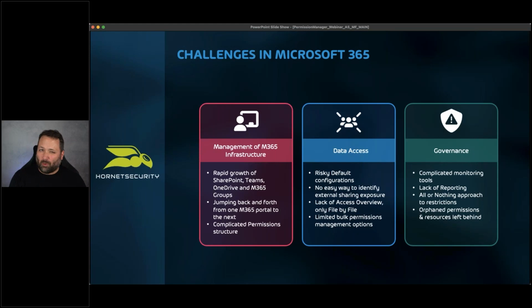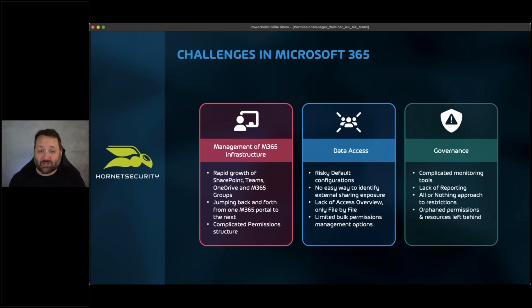If I look at SharePoint specifically, how many different places are there to define permissions inside a SharePoint Online document library? You've got permissions in the global 365 settings, SharePoint settings, SharePoint site settings, document library settings, shared folder settings, and file settings as well.